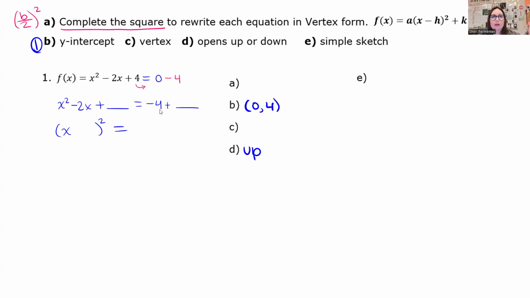And then the next line is when I have x squared equals something, and I figure out that something based on what I get here. How do I know the sign right here? How do I know what sign it's going to be?